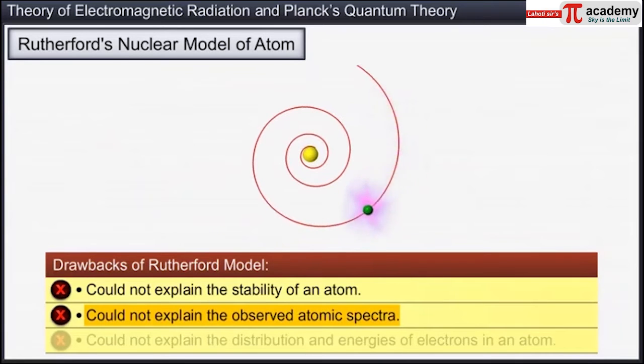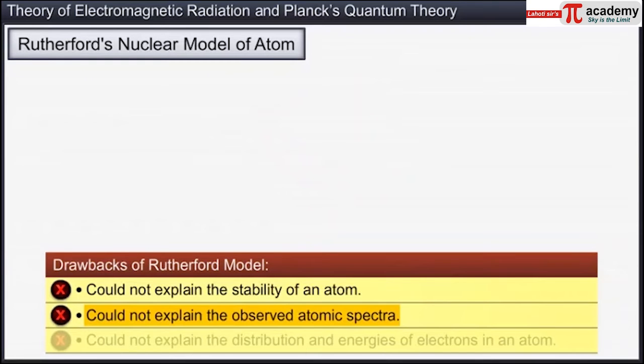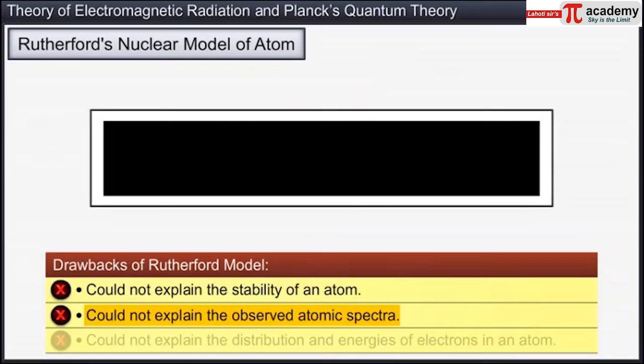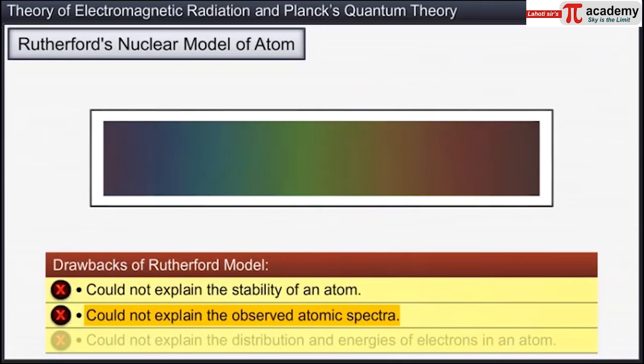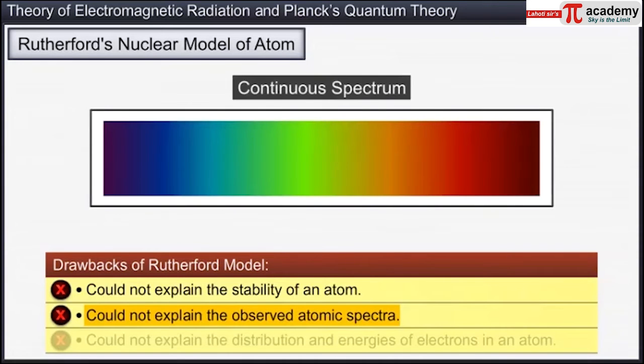This is because, according to the electromagnetic theory, an accelerated electron continuously emits energy, and ultimately it falls into the nucleus along a spiral path. As the electron is emitting energy continuously, the spectra of such an atom also should be continuous.